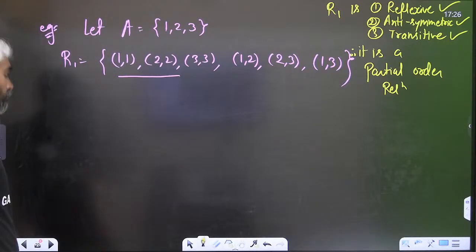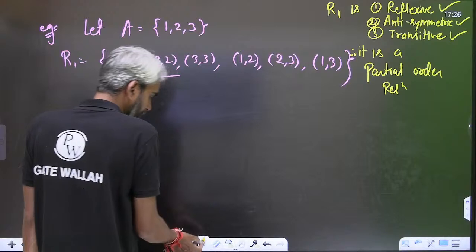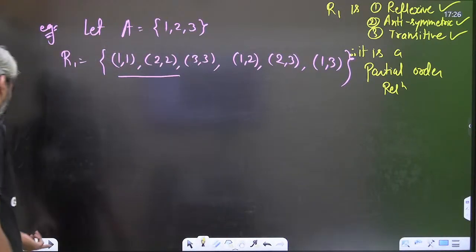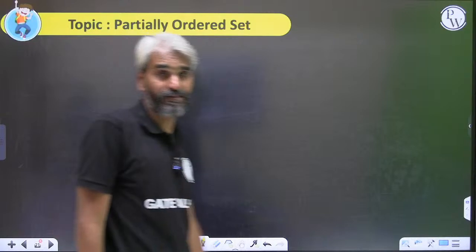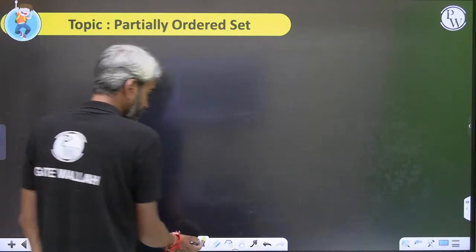Let's move to the next one, which is a partially ordered set. What does it say?